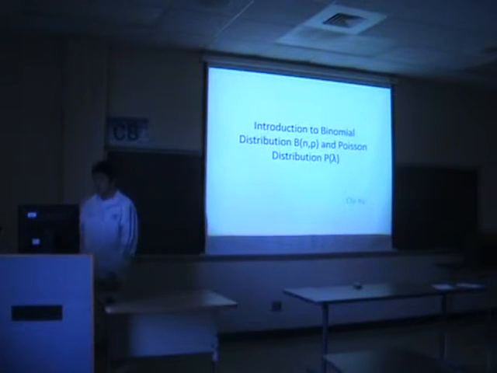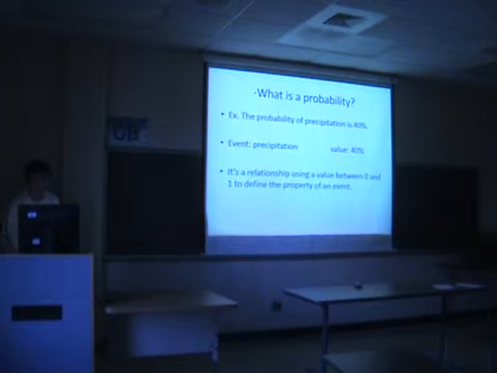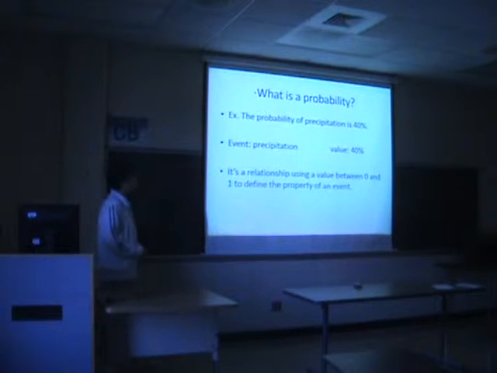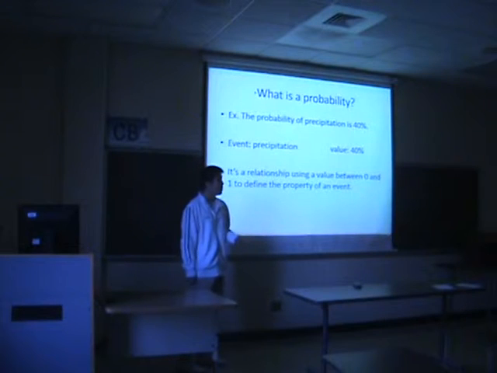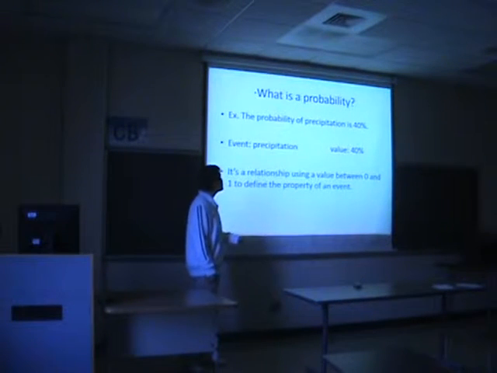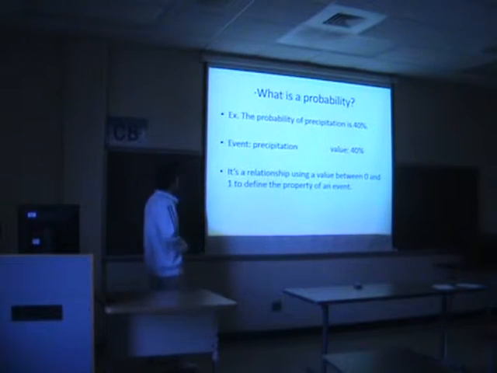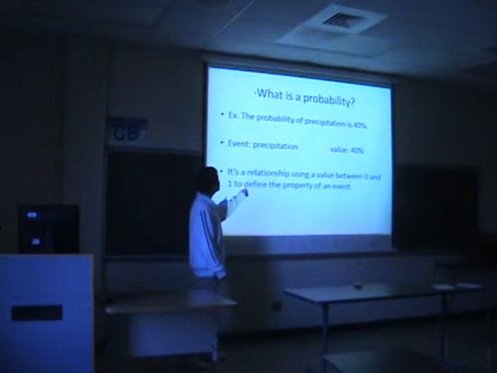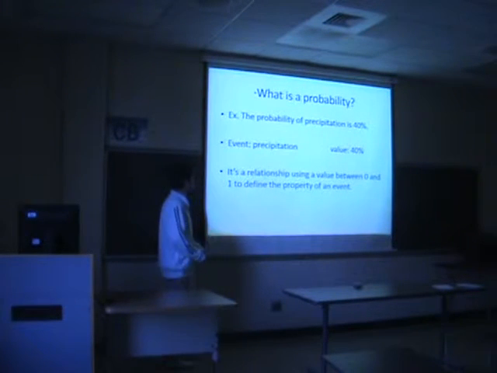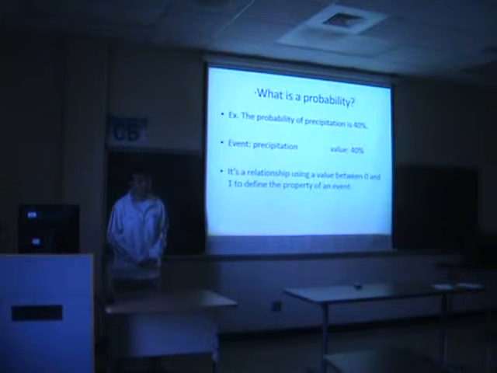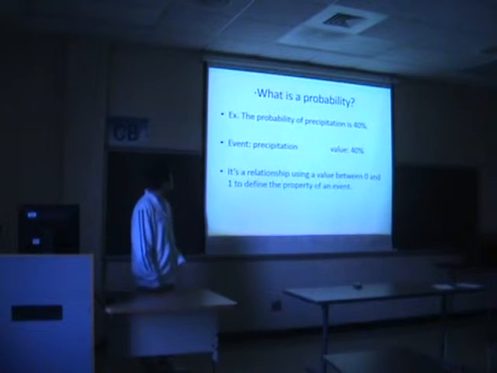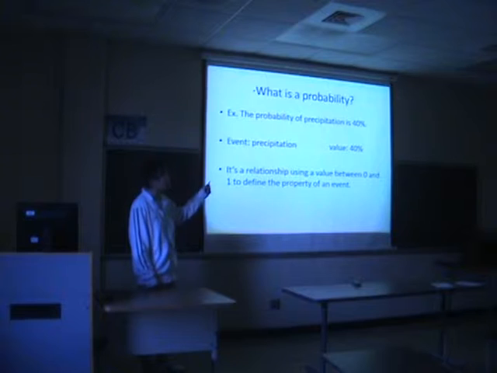Okay. First, let's see the first part. So the first definition is the probability. I think you have heard of that, but you don't know the general definition of it. So first, we should look at an example. We always see from the weather forecast that the probability of precipitation is 40%.